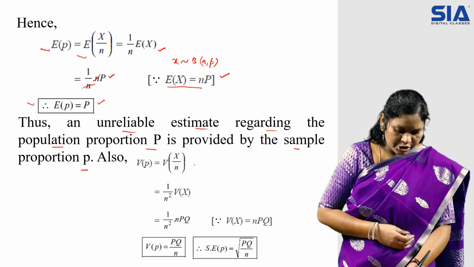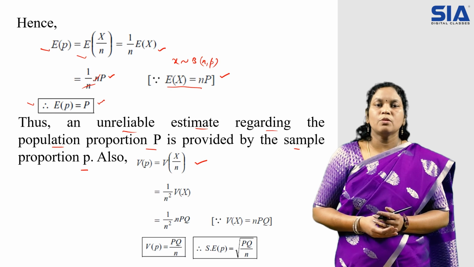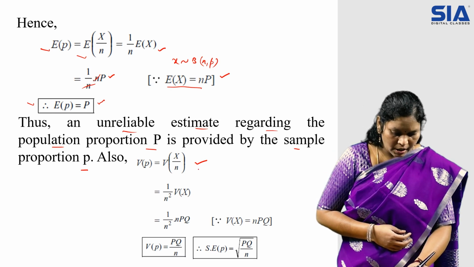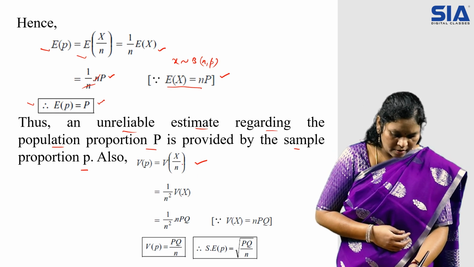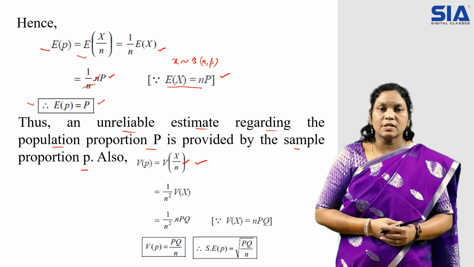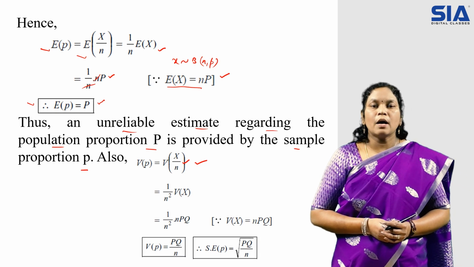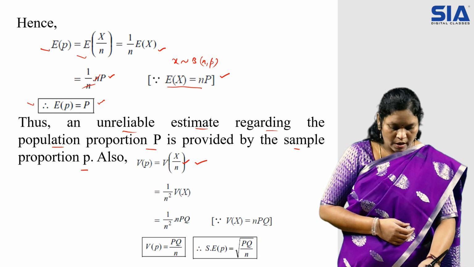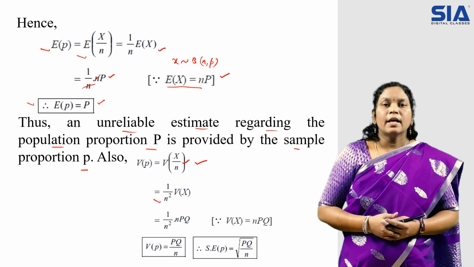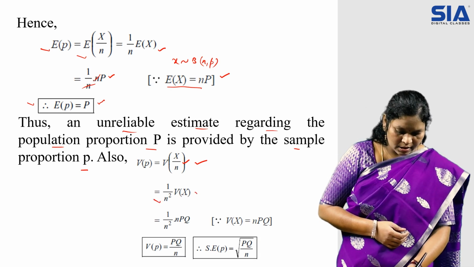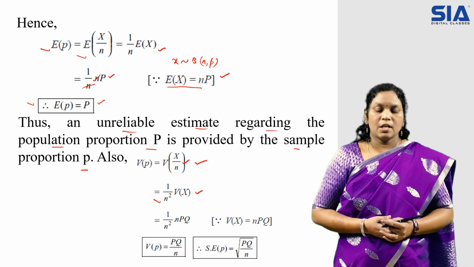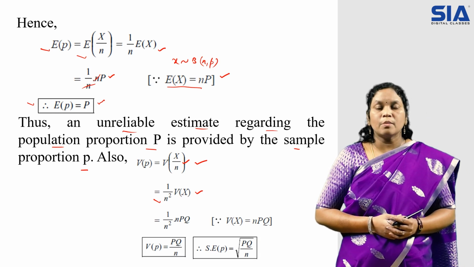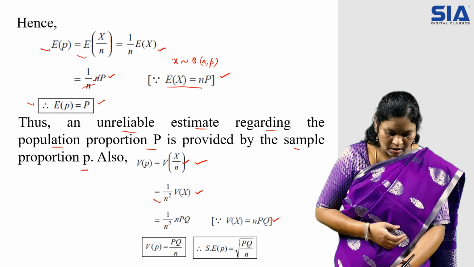Also let us check how the variance of small p goes on. So variance of small p, we know is x by n, so I have substituted variance of x by n. Now when I want to take it out, n is a constant, so when it goes out it becomes its square. So 1 by n square I have kept outside, and the variance of x remains as it is. Now again, because it comes from the binomial distribution, variance of x is npq.